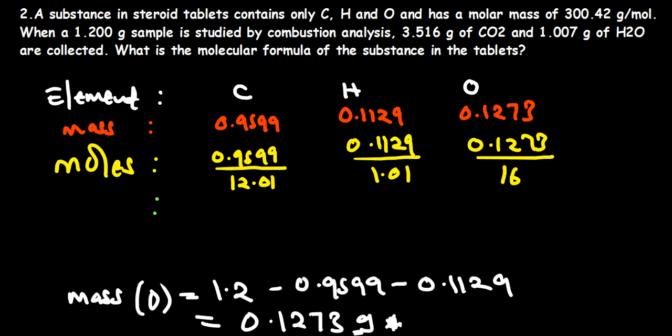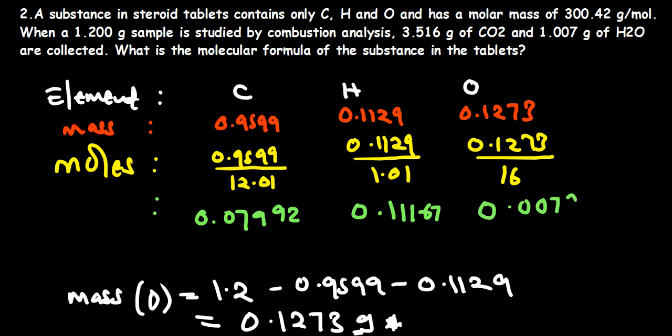When I punch the first value, I'm getting 0.07992. For the second, I'm getting 0.1167. Then for the last one, I'm getting 0.00794.